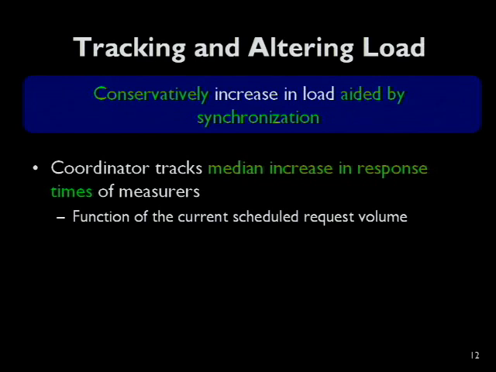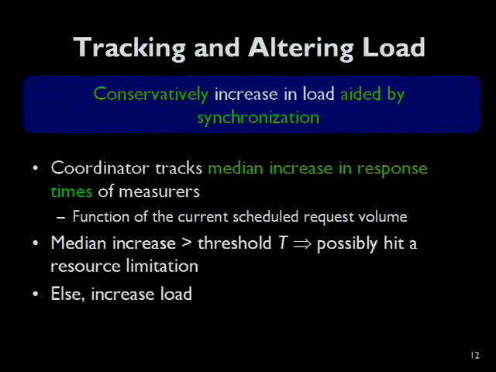So what the coordinator does is, requests the measurers to make requests to the server at the time when a certain n clients are making requests to the server, and then observes the median increase in response time at the measurers, meaning that 50% of the measurers saw at least some number of milliseconds increase in response times. And that is a function of the current request volume because of our synchronization.